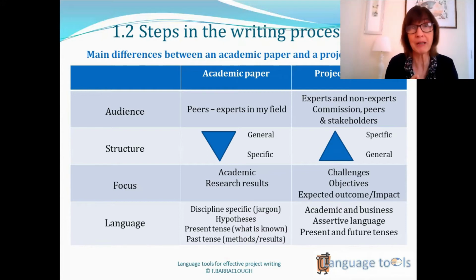However, in a project proposal, that is not the case because you are writing for different audiences. You are writing for experts who are going to assess or evaluate the excellence part, but you are also writing for the commission and for stakeholders, other people who are involved and influenced by your project.